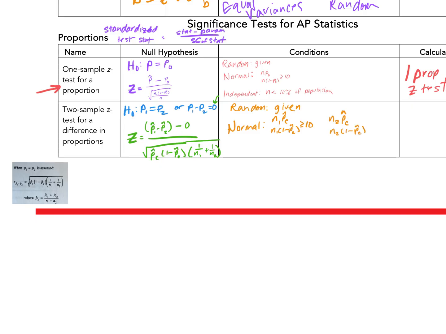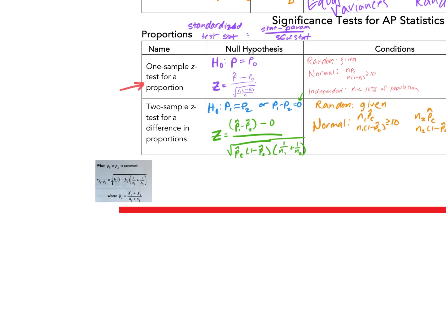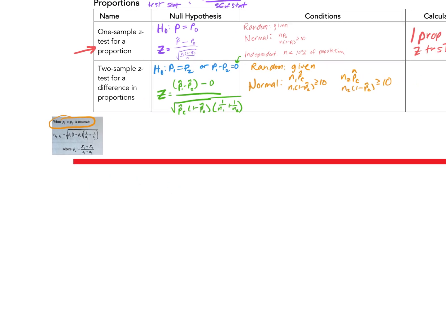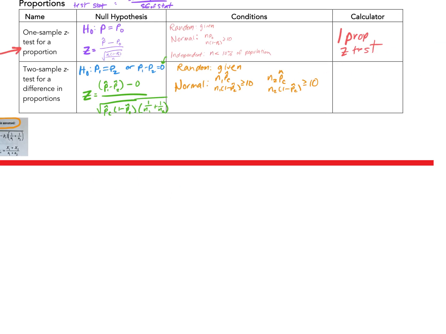So the reminder comes back to this statement here on your formula sheet, that when you are assuming P1 equals P2, which only happens in a test, you're supposed to be using P hat combined for everything. Okay. Now the easy part, the calculator part, is 2 prop Z test.